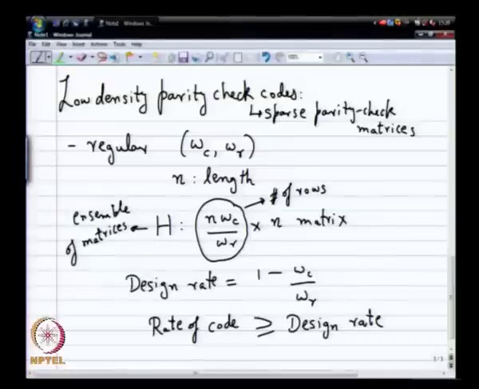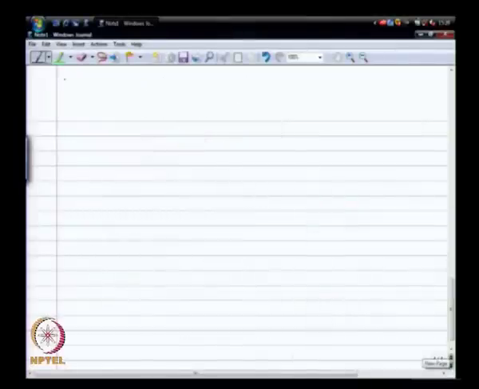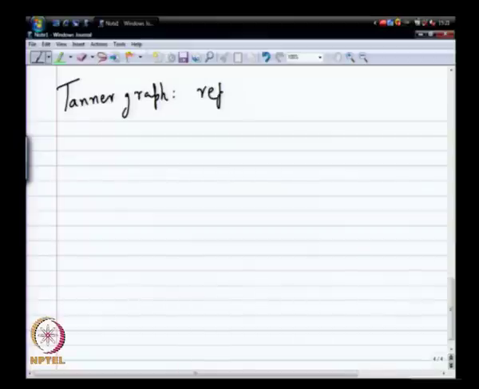So, the next crucial idea is this notion of a Tanner graph. A Tanner graph is a graphical representation of the parity check matrix. The idea is we have a bipartite graph.